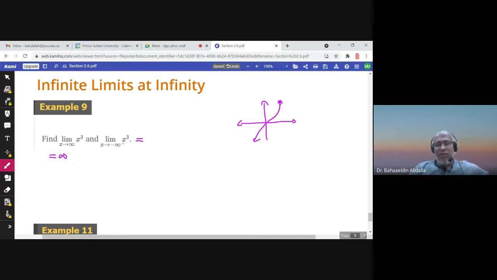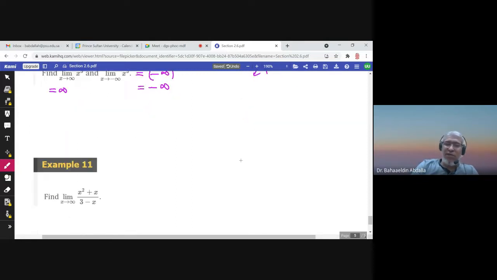While for this one, if you write negative infinity to the power 3, then the minus sign comes out and infinity to the power 3 is infinity. So the limit of x to the power 3 when x approaches negative infinity is negative infinity. And you can see that also from the graph. When x approaches negative infinity, the function goes to negative infinity.